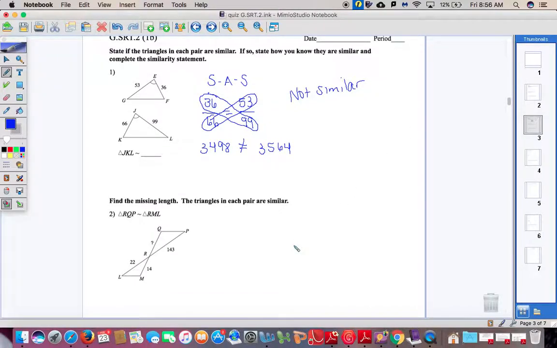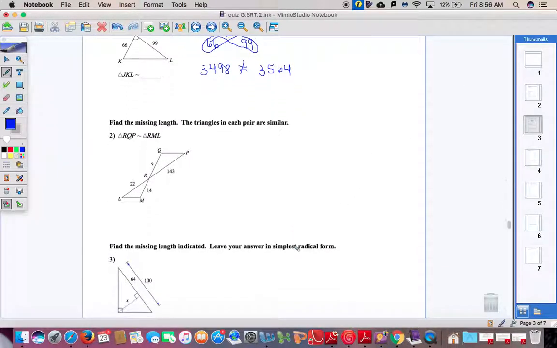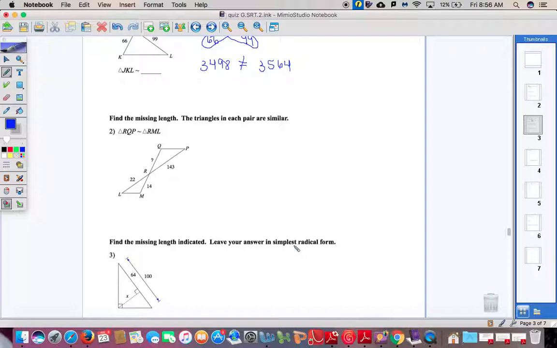Okay, find the missing length. We are given very specific information that the triangles in each pair are similar. You're also given these similarity statements. So your first step should be to indicate what angles are congruent to each other, and they're given to you. We know that angle R is congruent to angle R because they're in the first location, or corresponding locations here.